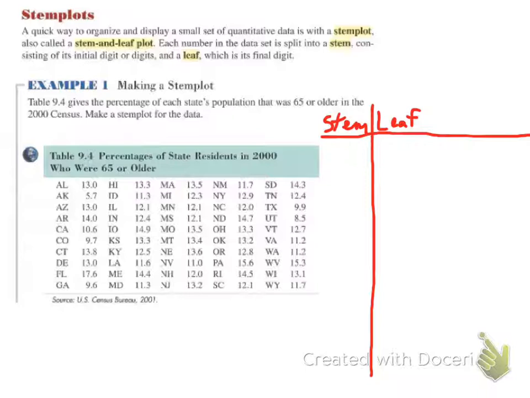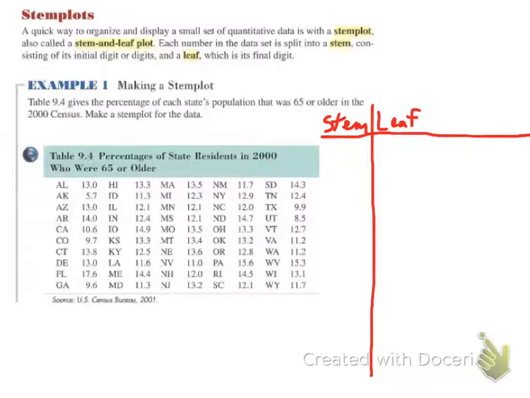Well, if you look at all the numbers, they're all decimals. So what we're going to do is the stem is going to be the number or numbers before the decimal point, and the number after the decimal point will be the leaf.